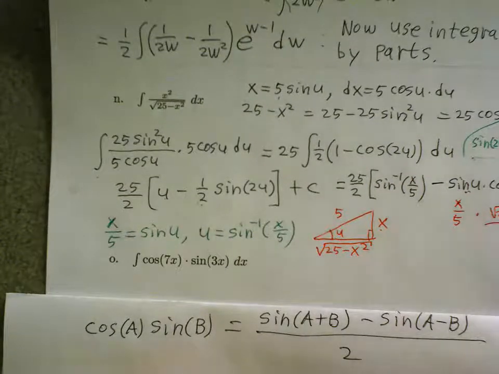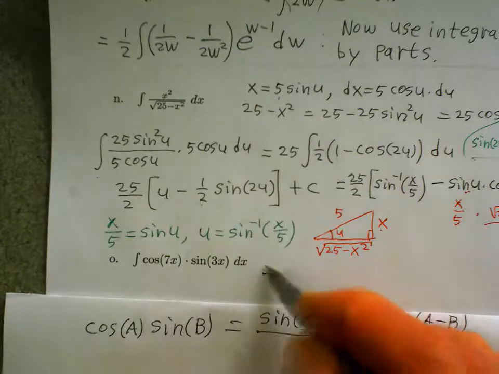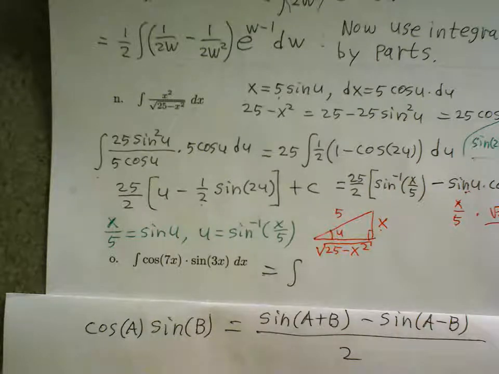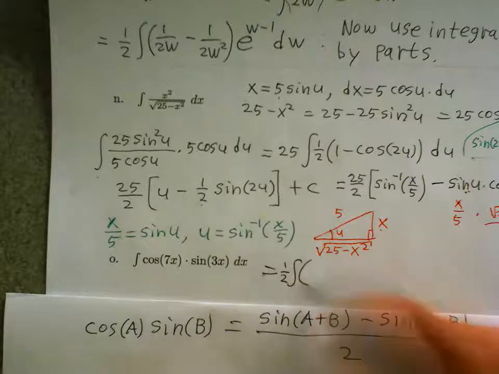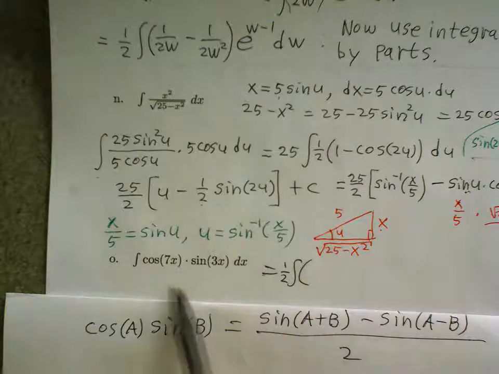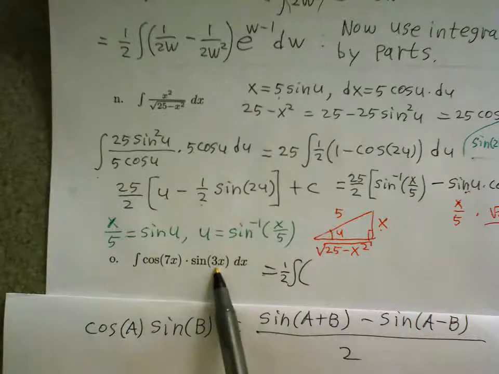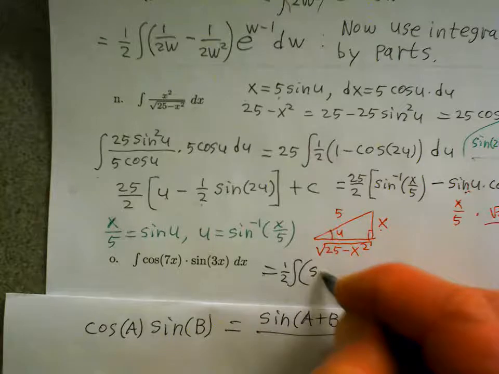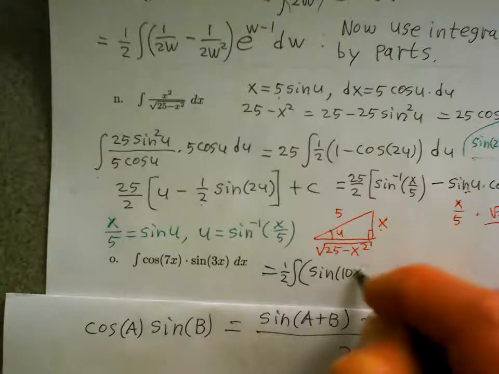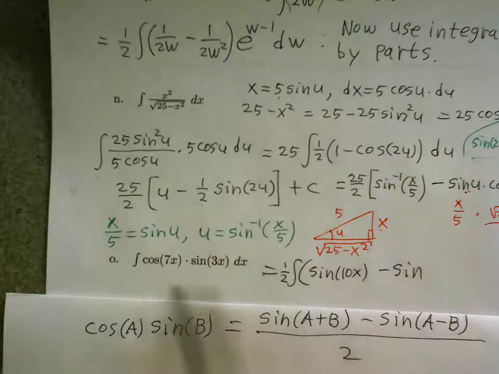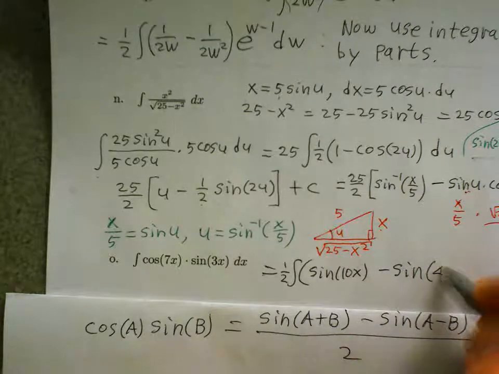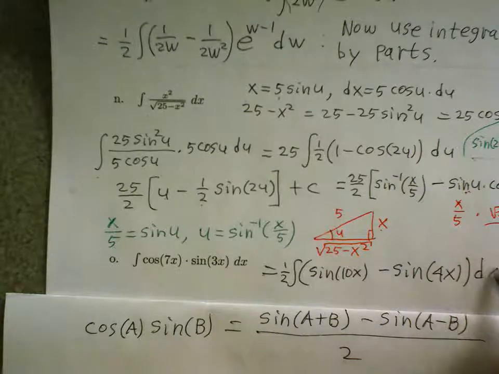Okay, so we'll transform this integral to the integral. I'll bring the factor 1/2 out front. And then instead of a, we have 7x, and instead of b, we have 3x. So we have sine of 10x, and then minus sine of 7x minus 3x, sine of 4x dx.